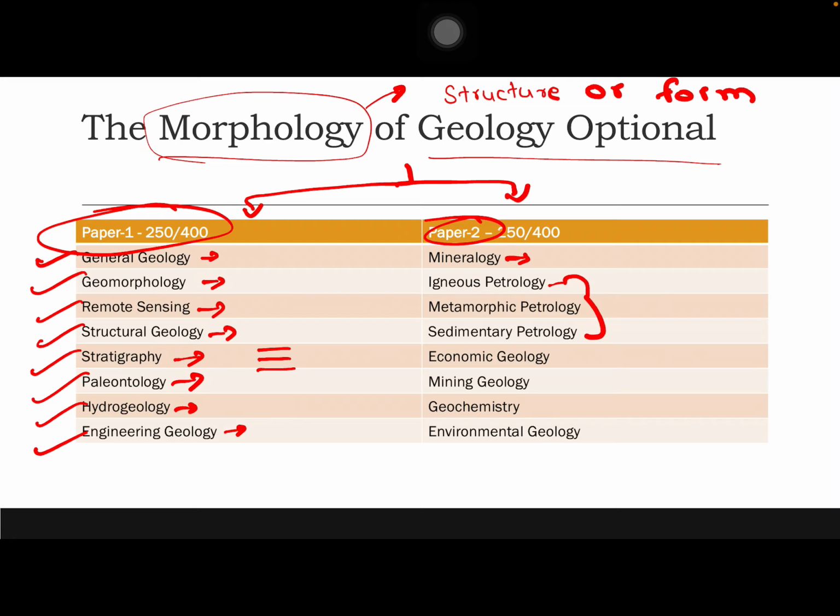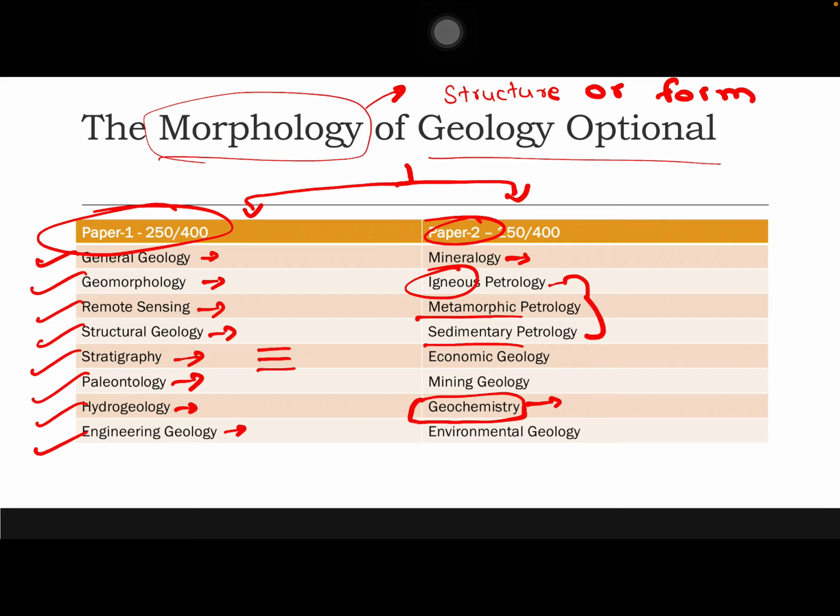Now we deal with three different rock types, as we know: igneous rocks, metamorphic rocks and sedimentary rocks. Next comes the subject of geochemistry, where we utilize chemistry to understand the different processes and the different rock types.